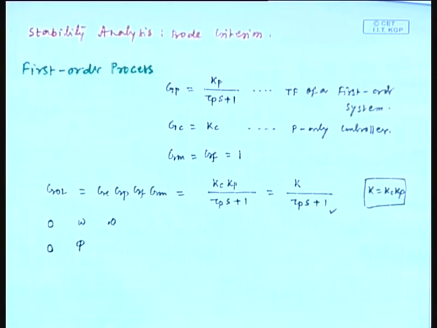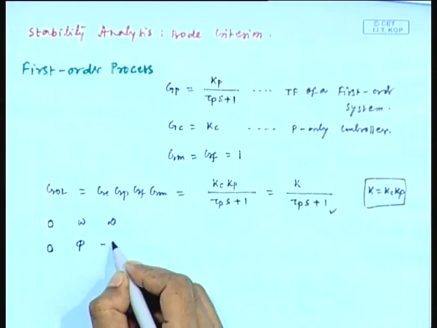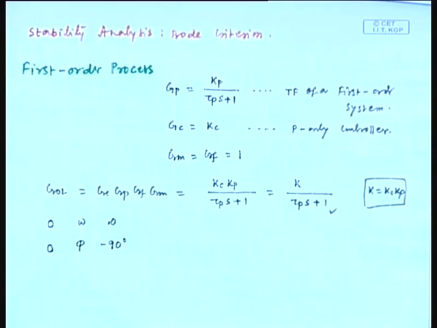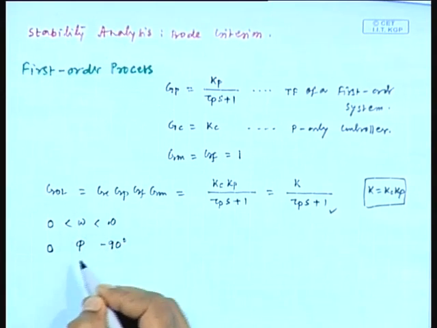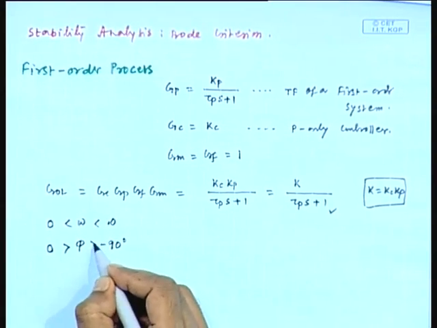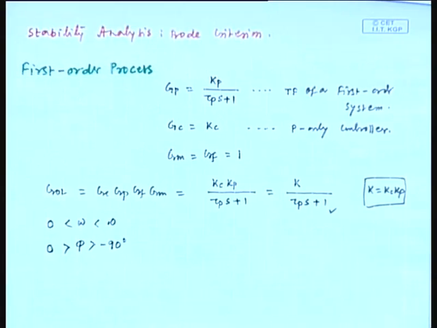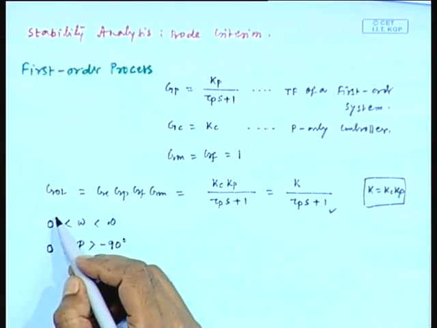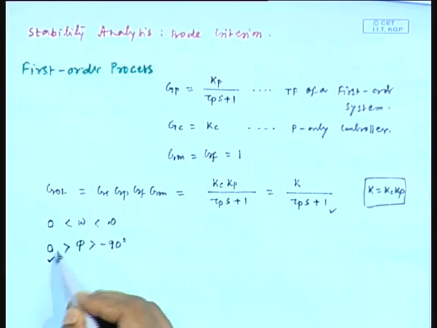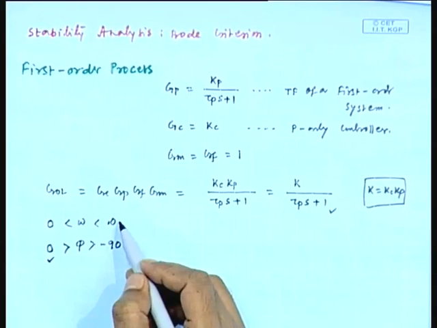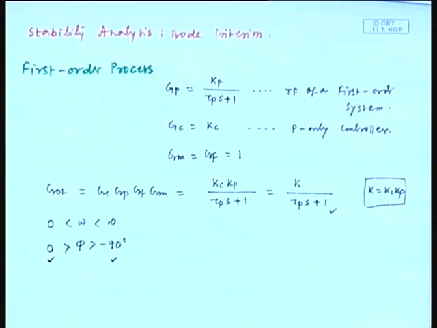For a first order system, minus 90. When omega is 0, phi is 0. When omega is infinity, phi is minus 90. Fine. For a first order system, phi remains in between 0 and minus 90.